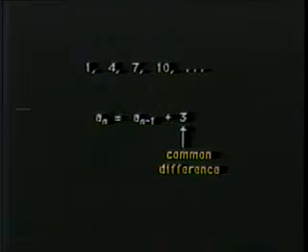Great, but what if someone asks me for the 10th term of the sequence? I can't tell them unless I already know the first 9. Let's see if we can do something about that. Look at our numbers again and see if you can spot the pattern.